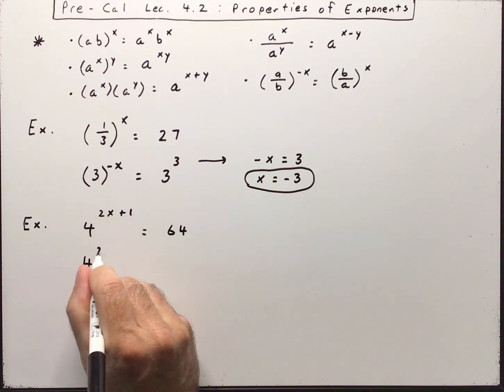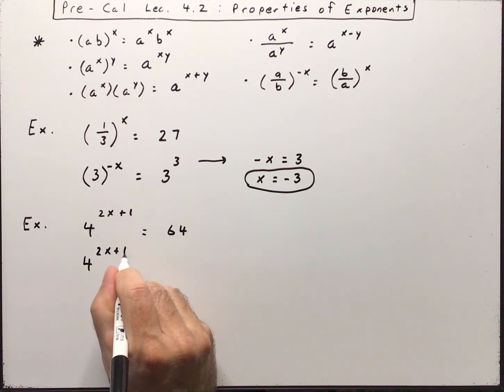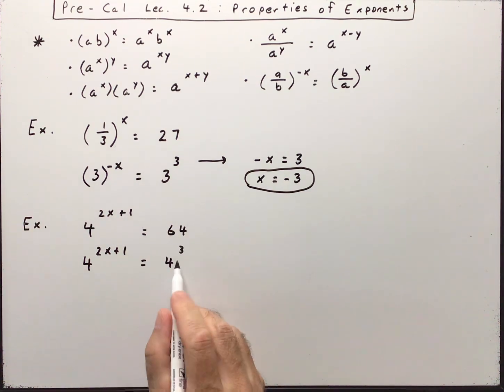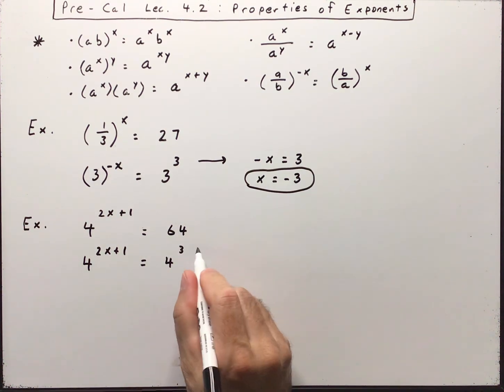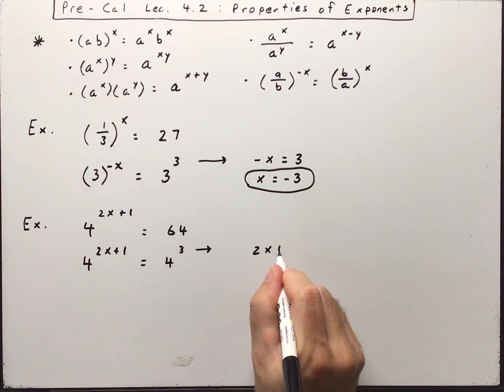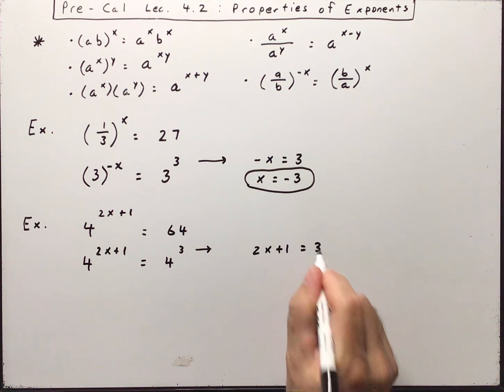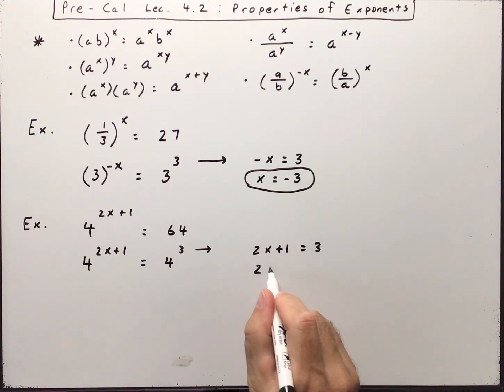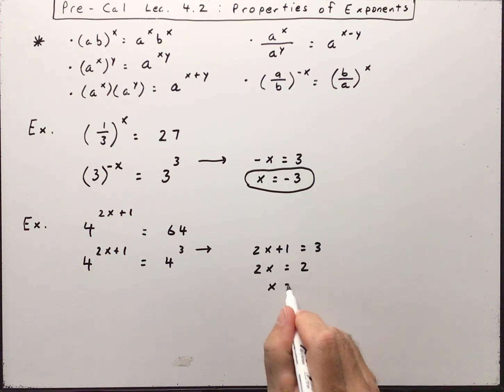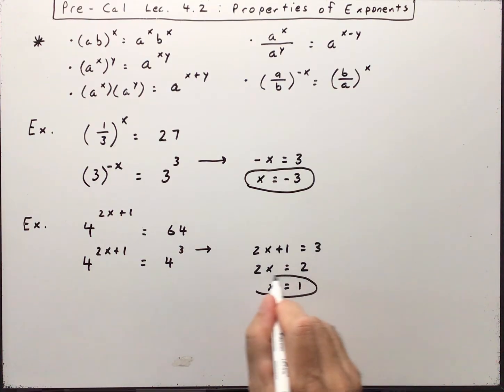But 4, I can actually rewrite 64 as 4 cubed. 4 times 4 times 4 is 64. Now we have a common base, and I can set the exponents equal. 2x plus 1 is equal to 3. So subtract 1 from both sides. 2x is equal to 2. So x is equal to 1.